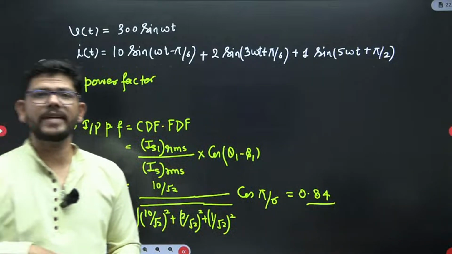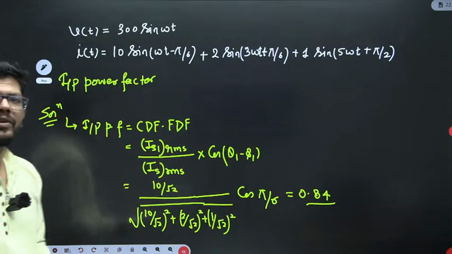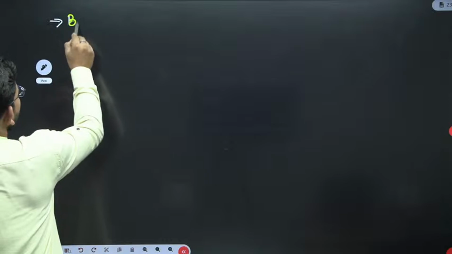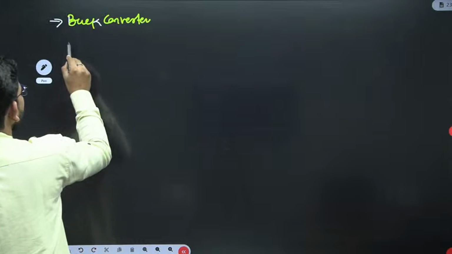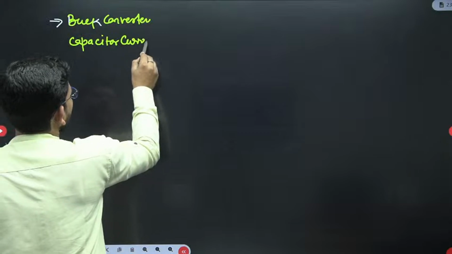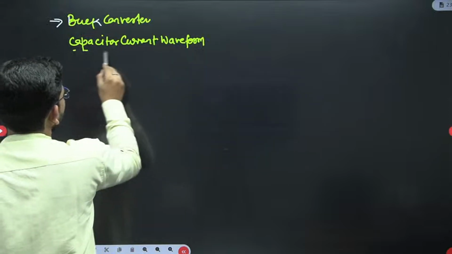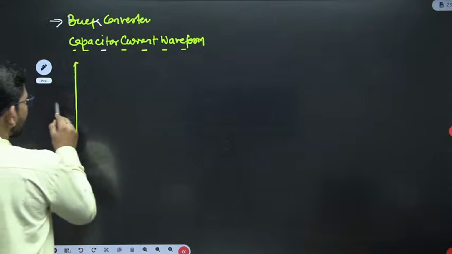Now the next question that we have is again from DC to DC converter. It was from buck converter but asked differently. They have given the capacitor current waveform for the buck converter, and the waveform was like this.